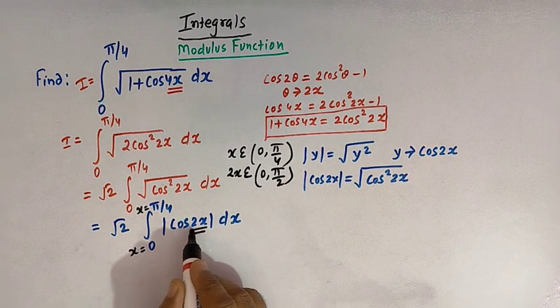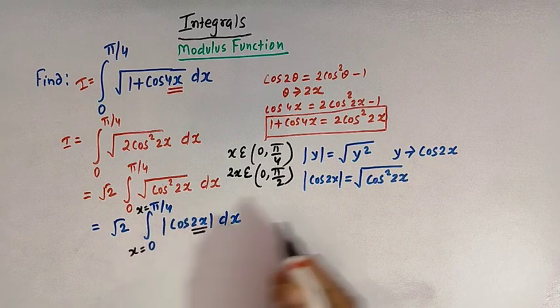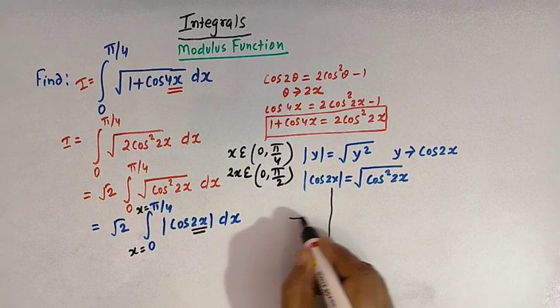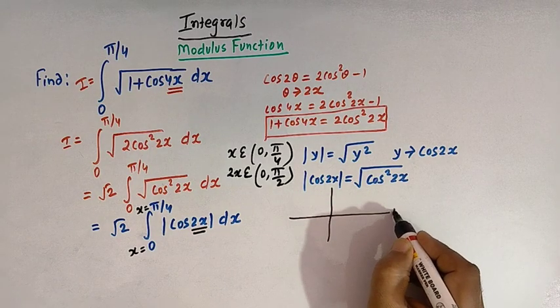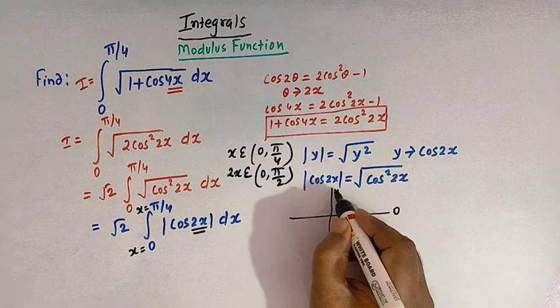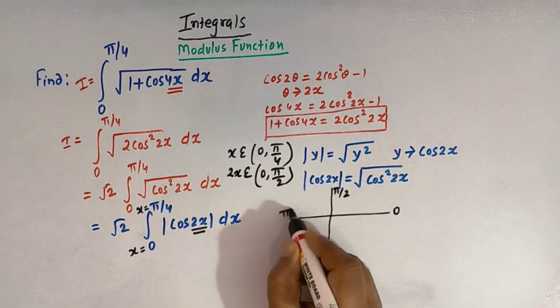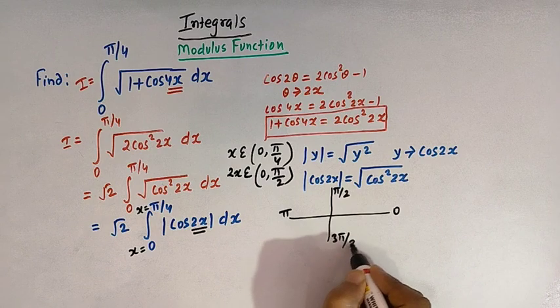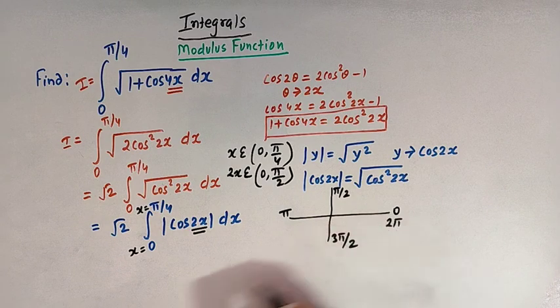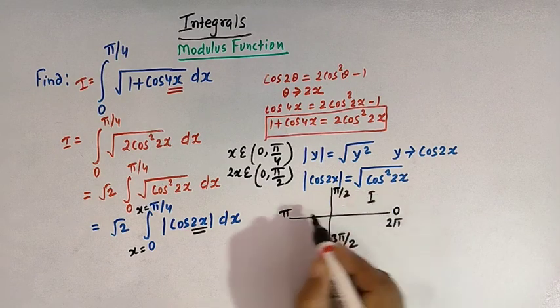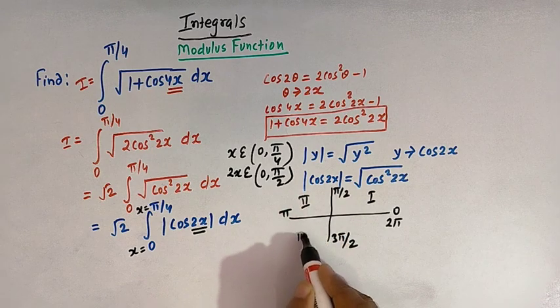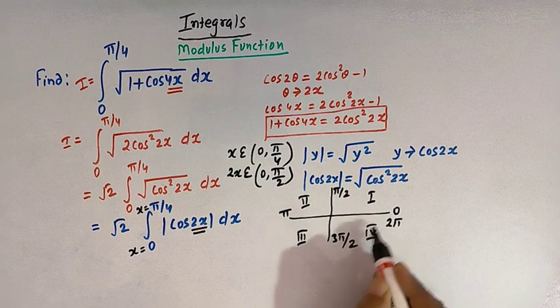And here we have cos of 2x. Now from the sign convention in trigonometry, we have here 0, here pi by 2, here pi, here 3 pi by 2, and then 2 pi. This is the first quadrant, this is the second one, this is the third one, and this is the fourth one.